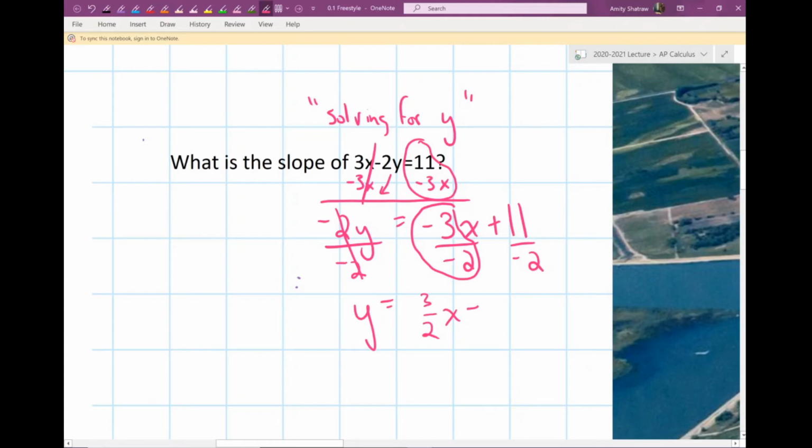That's fine with me. In fact, I'm just going to call the y-intercept negative 11 halves as well, because my question wants to know what is the slope. And I found that. There it is.